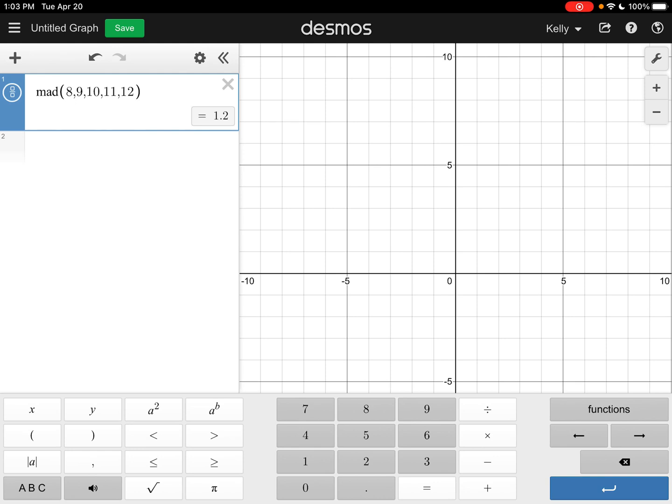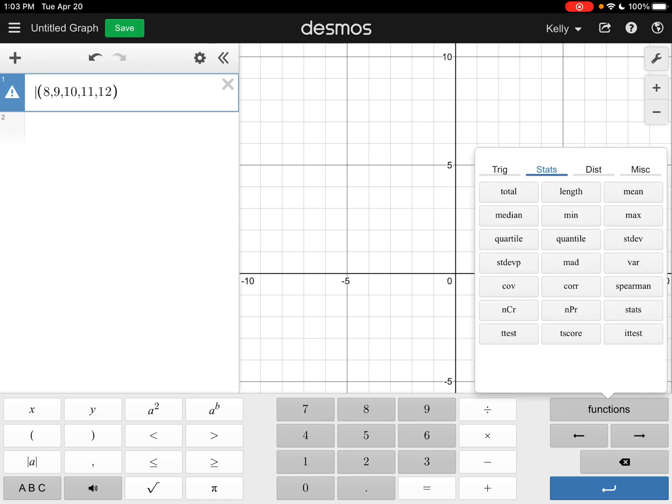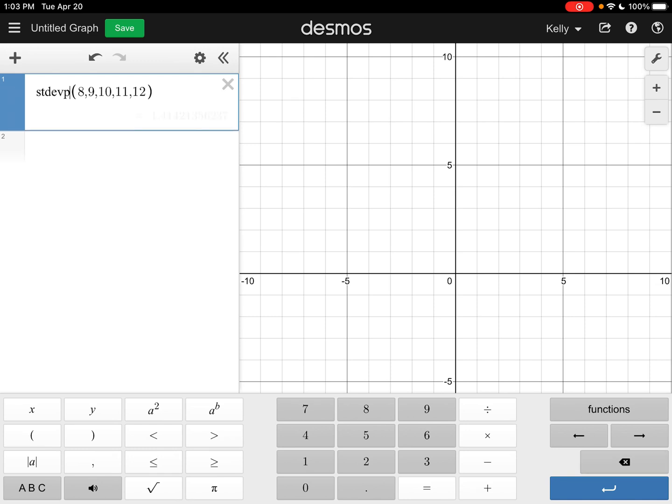So again, mean and MAD we need to be able to do by hand, and then you can double check it with the calculator. I should be able to see your work for mean and MAD. So we're going to take that out and then find our standard deviation. Remember, use the standard deviation that has the P in it. We see that we have a standard deviation rounded to 1.4.